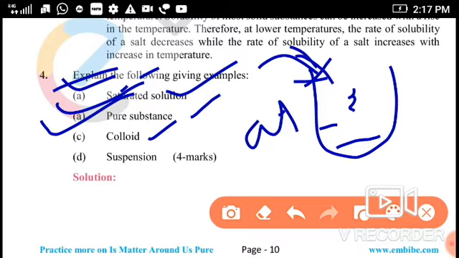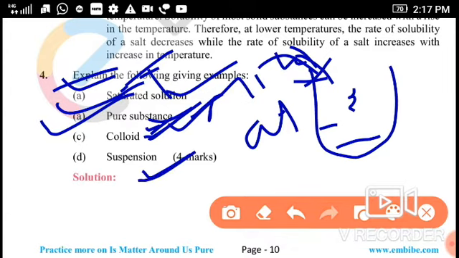We can say that like suspension, colloid and true solution. Colloid is a heterogeneous mixture. First you say colloid is a heterogeneous mixture, and in this mixture you can observe the Tyndall effect. It looks like homogeneous, but it is heterogeneous. Okay, like example milk.